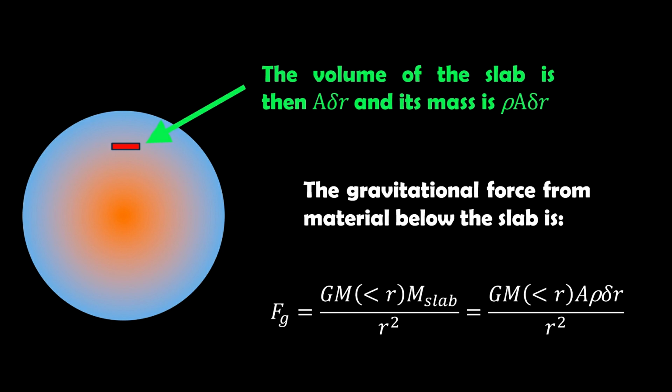The left hand part of that is the gravitational constant times the mass inside the radius of where the slab is, so less than R, times the mass of the slab over the distance from the center R squared. But we can actually replace the mass of the slab and put it in terms of the area, density, and the thickness instead. So we've removed the mass of the slab and put it in terms of density and area.